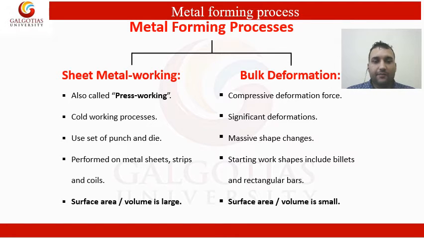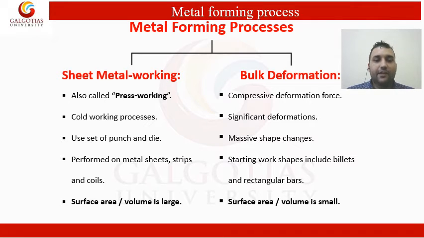The sheet metal working process is a cold working process. Normally it is done below the recrystallization temperature of the metals. While in bulk deformation, compressive deformation forces are used. That is, significant deformations are required, so sometimes the metals are heated up to their recrystallization temperature.